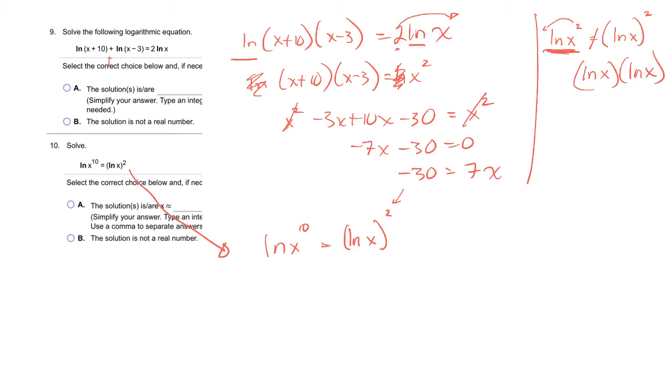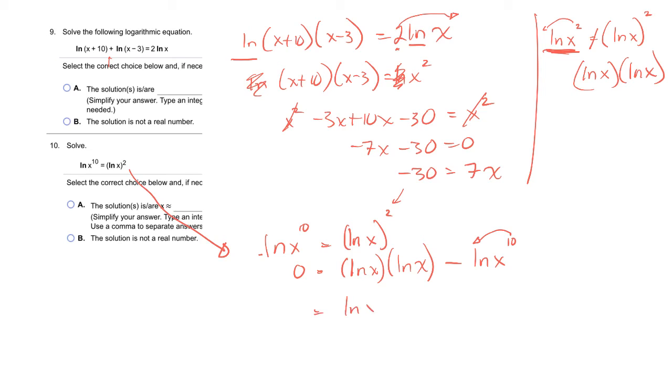Maybe we'll try it this way. So this is ln of x times ln of x. And I'm going to bring this over to the other side and subtract it. So it's going to equal 0. So this would be minus ln x to the 10th. And then I'll move that 10 out to the front.